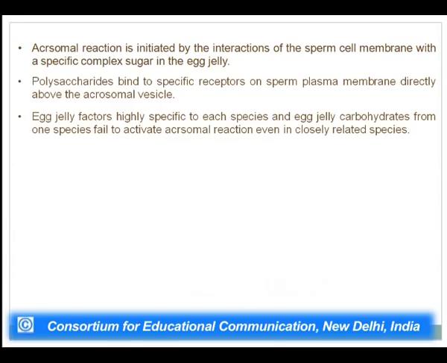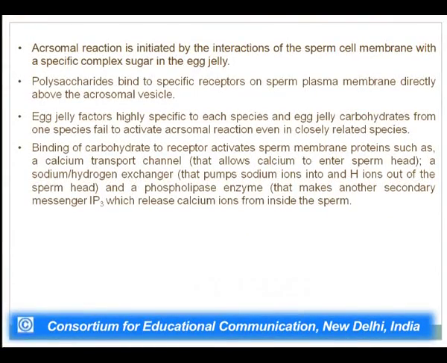So, activation of the acrosomal reaction is again one step that ensures the species-specific fertilization that needs to occur. The binding of the carbohydrate to the receptor activates sperm membrane proteins such as a calcium transport channel that allows calcium to enter the sperm head, a sodium-hydrogen exchanger that pumps sodium ions into and hydrogen ions out of the sperm head, and a phospholipase enzyme that makes another secondary messenger, IP3, which releases calcium ions from inside the sperm.